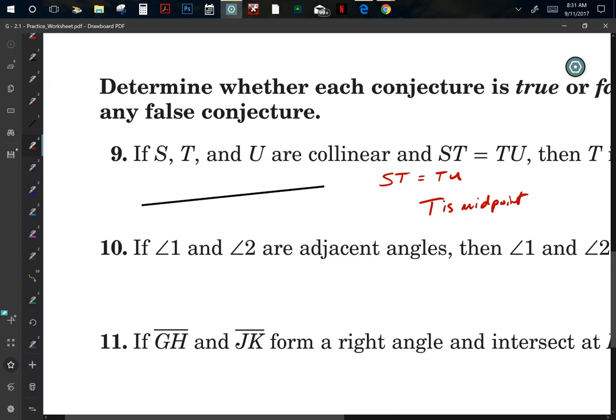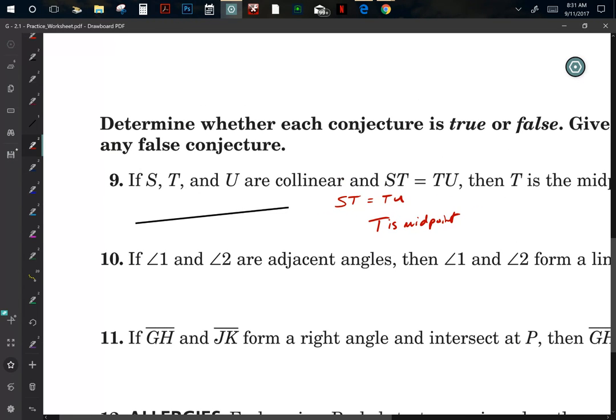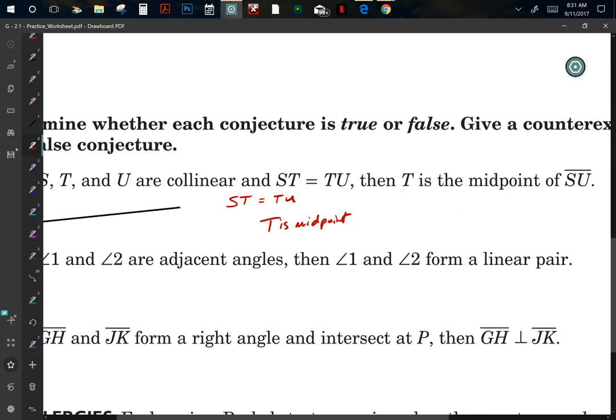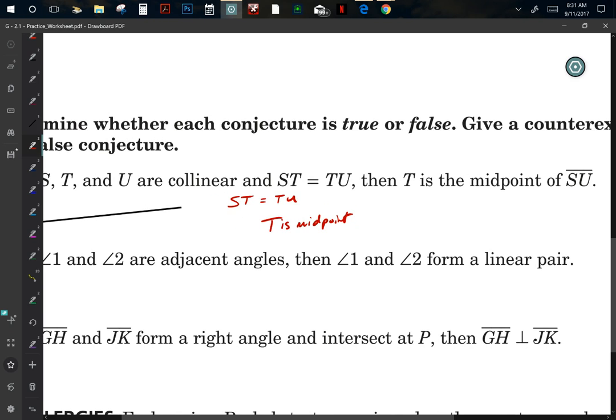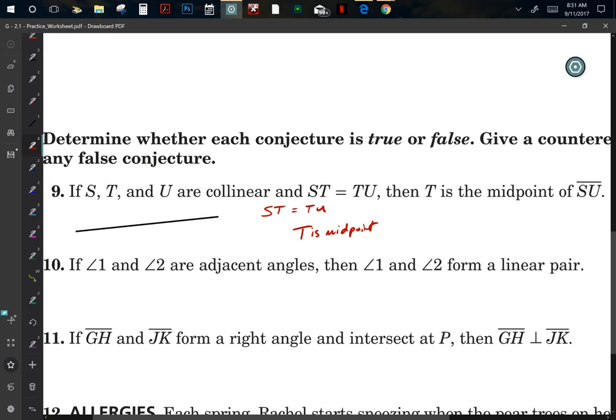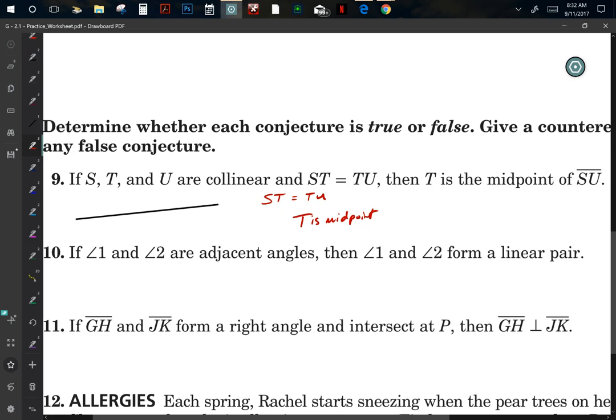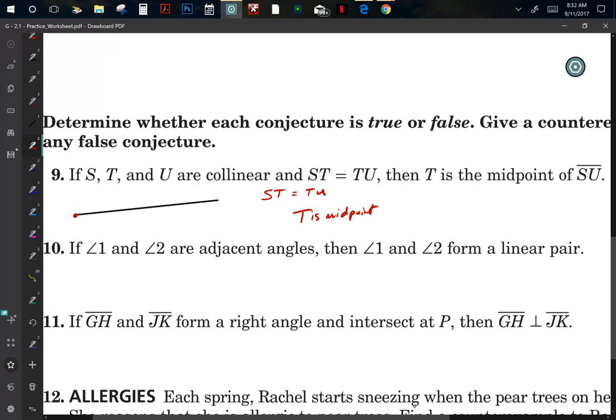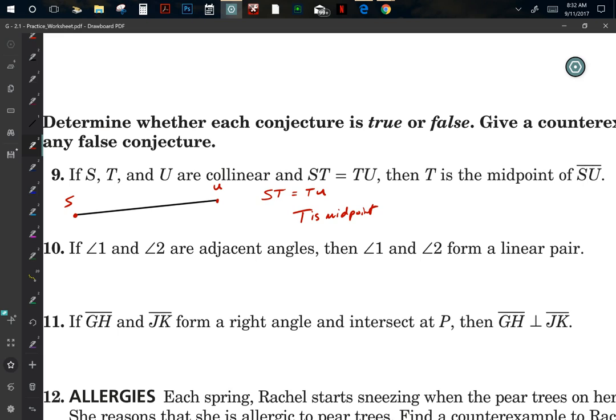Think that's true or false? Midpoint of SU. It is true if S and U are your endpoints and T is between them. But did they say that T is between them?